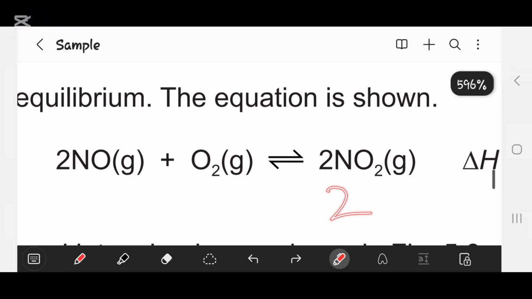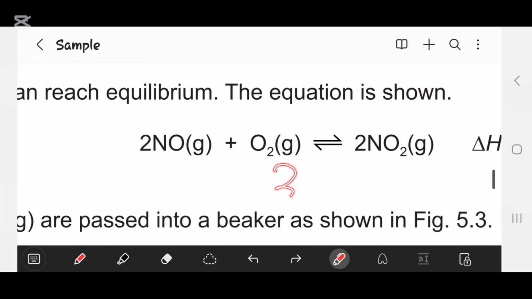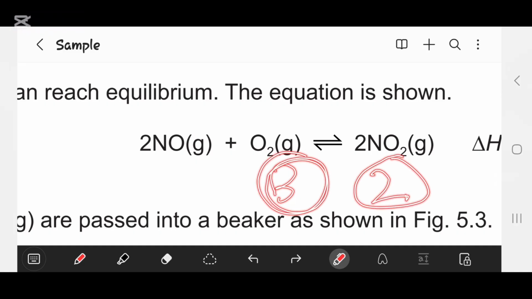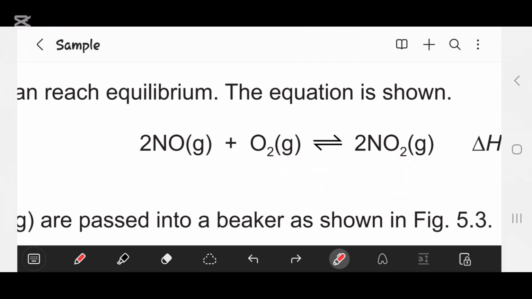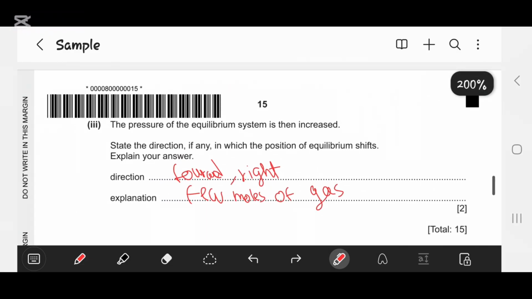Here we have 2 moles of gas. So 3 and 2. If the pressure increases, we want to lower the pressure, so we will go to the side with fewer moles, not the side with more moles, because we will have less pressure. So we will go, for example, forward. Anyways, let's continue.